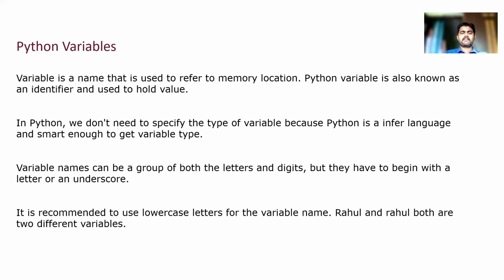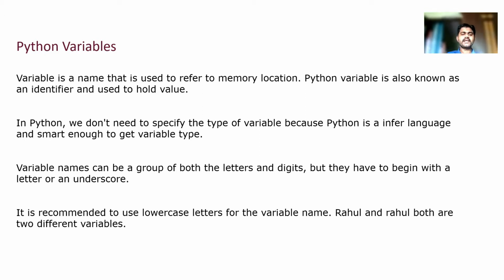But in Python it automatically takes it: if we say a equal to 10, the value assigned is 10, which is an integer, so it considers it an integer. If we say b equal to 15.6, that is a floating point number, so Python treats b as a floating point. That's the reason in Python we don't need to specify the type of the variable, because Python is smart enough to infer the variable type.